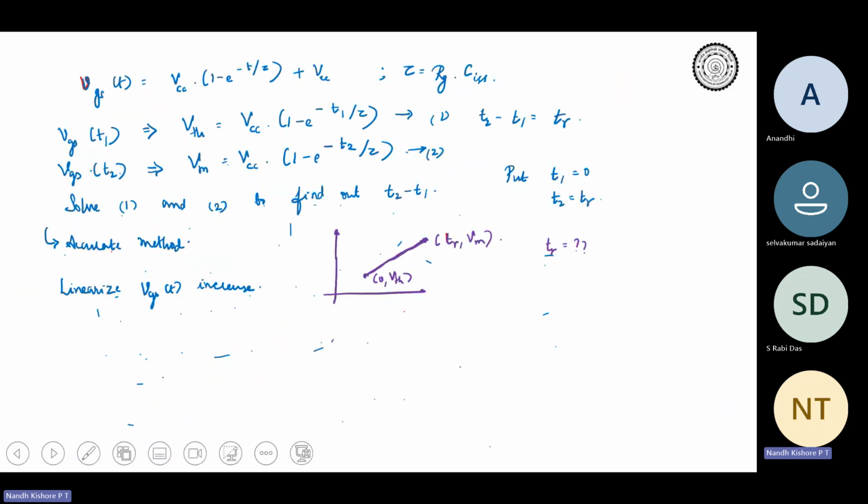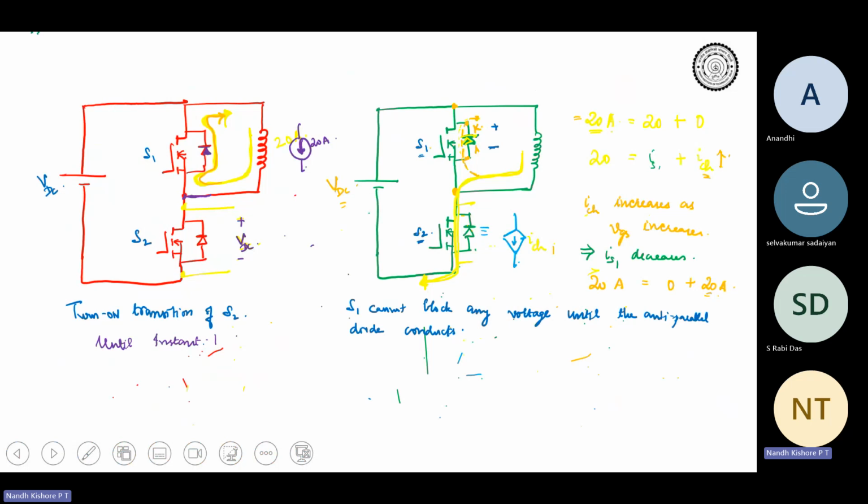We saw that the main culprit was the antiparallel diode conducting. So the question is, can I find an alternate path so that the current not necessarily flows through the diode? But I think that is out of the scope of this course.